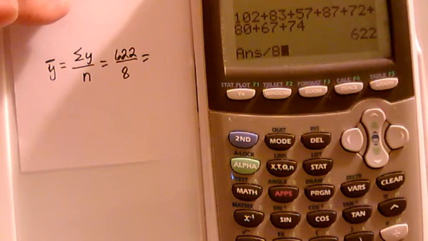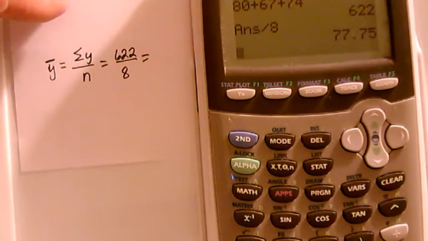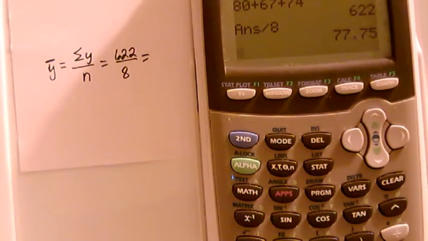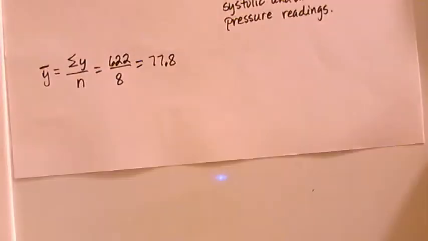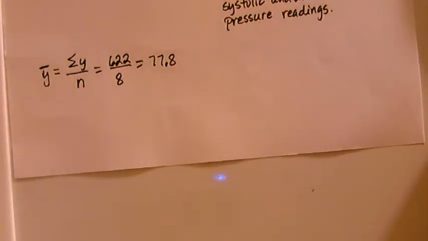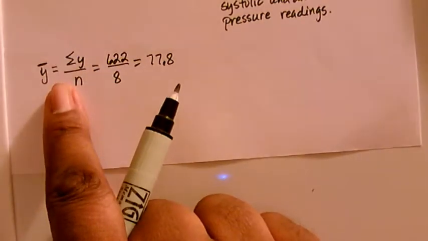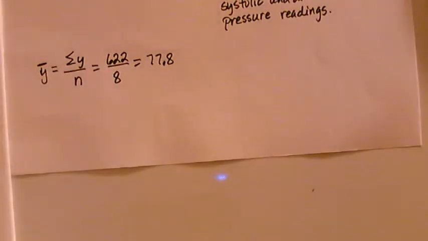So 622 divided by 8 would give me a mean of, rounded to one decimal place, 77.8. So the mean of all your y values is 77.8. So in this case here, since there's no sufficient evidence of a linear correlation, your best predicted diastolic pressure for a person with a systolic reading of 148 would have to be the mean of your y values, which is in this case 77.8.